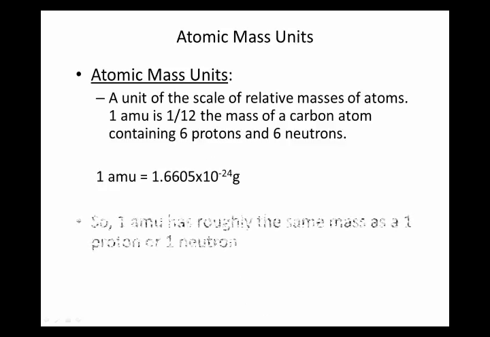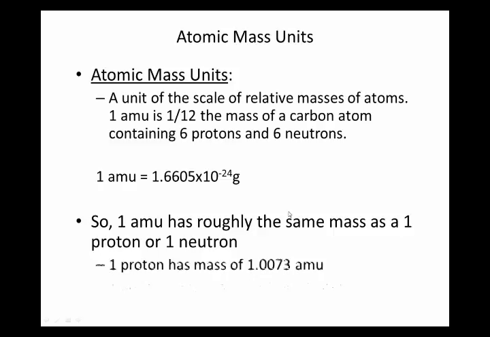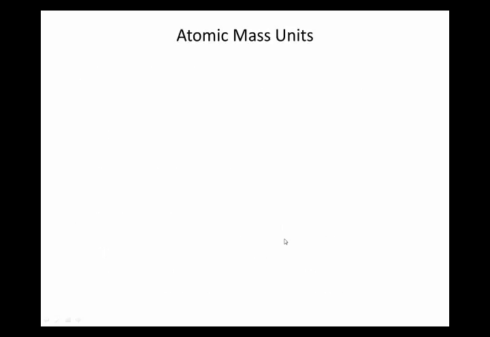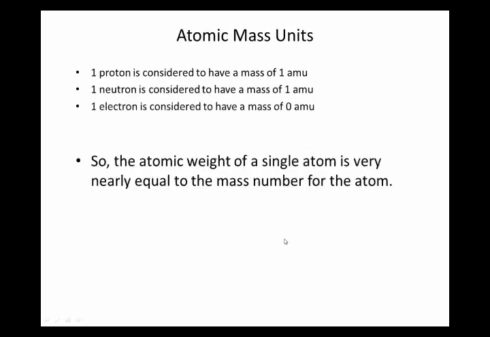An AMU is roughly the mass of 1 proton or 1 neutron. This is actually what they are. 1 proton is actually 1.0073, and a neutron is 1.0087. And you can see that if you go enough significant figures out, their mass is slightly different, but not a lot.